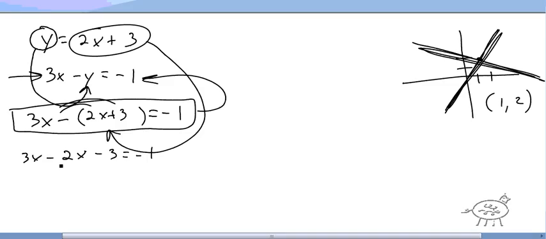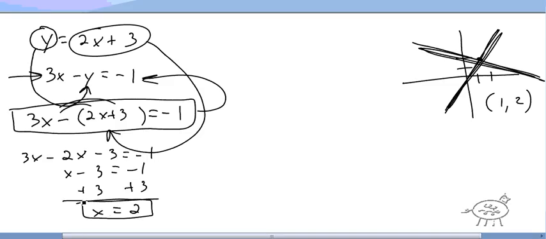Combine like terms, and make sure you follow all your steps. Just like we learned back in the day, you distribute, then combine like terms, then add and subtract, and your last step is either multiply or divide. You've got to follow those four steps. In this case I combine like terms, so I get x minus 3 equals -1. I add 3 to both sides, and I get x equals 2.